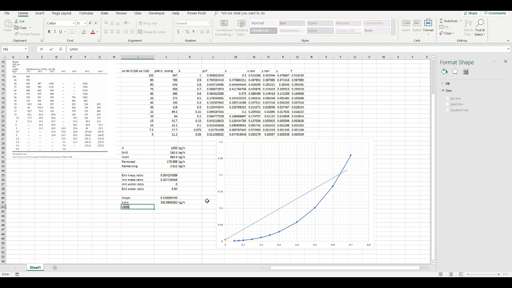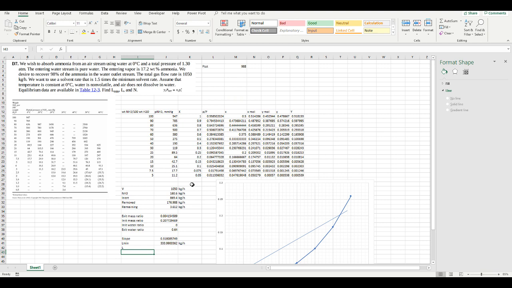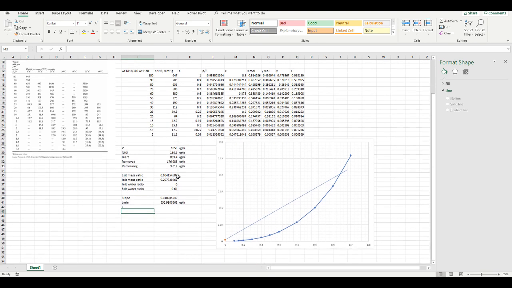Now, we know that in our scenario, we want L to be 1.5 times the minimum solvent flow rate. So we're going to do that. L is equal to L min times 1.5. To calculate the operating line, we know that the operating line equation is going to be y equals L over V times x plus yn plus 1 minus L over V times xn.